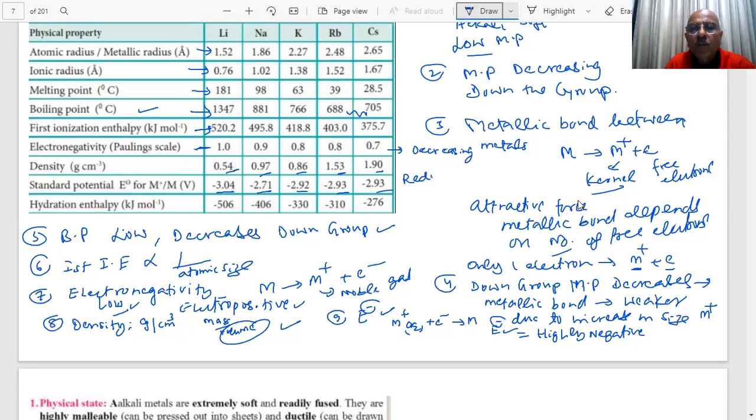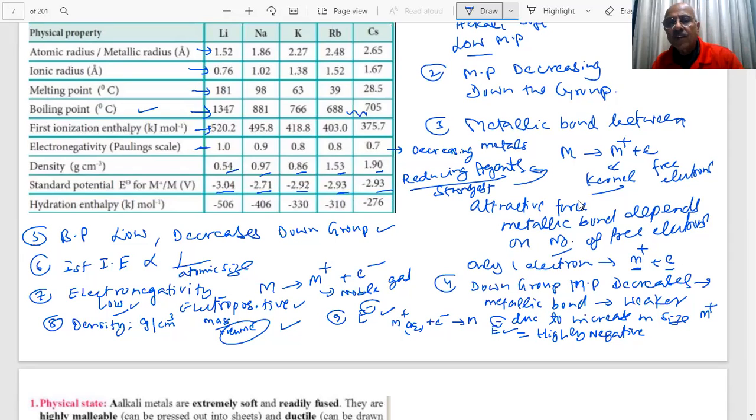They are very good reducing agents, students. In fact, they are the strongest reducing agents. Reducing agent means these are metals, students. If you put them in water or acid, they will liberate hydrogen because they will give electrons.